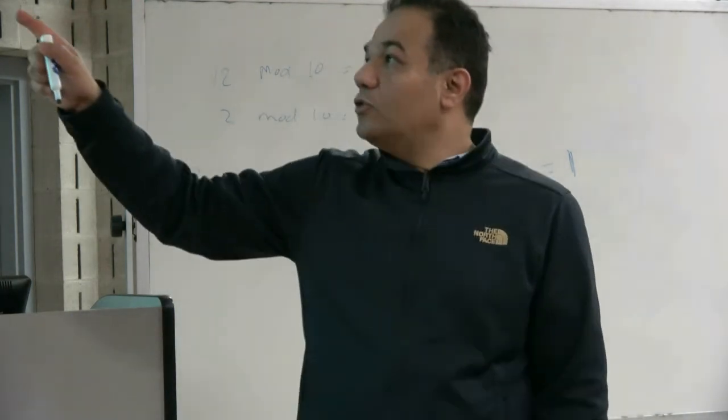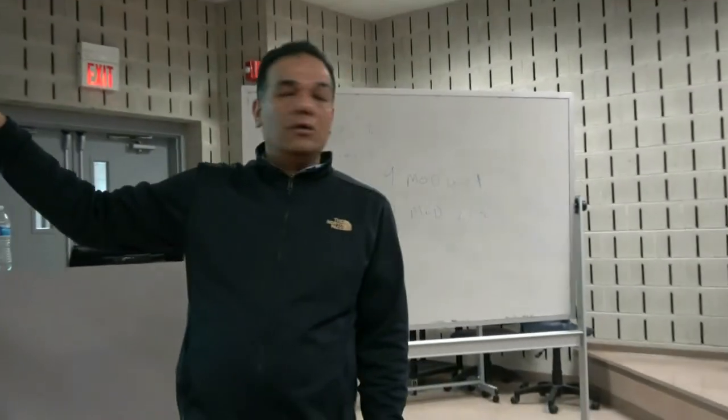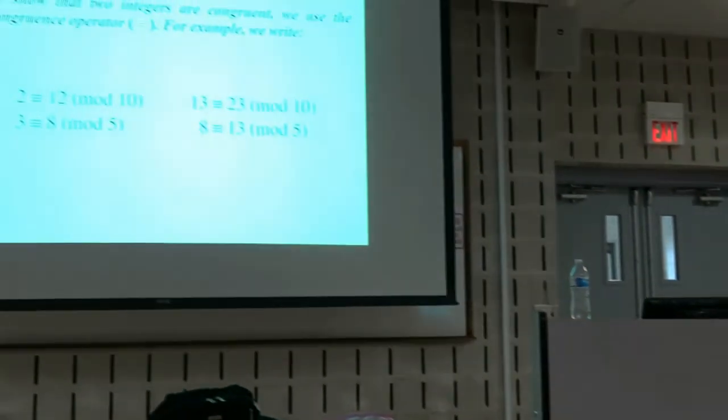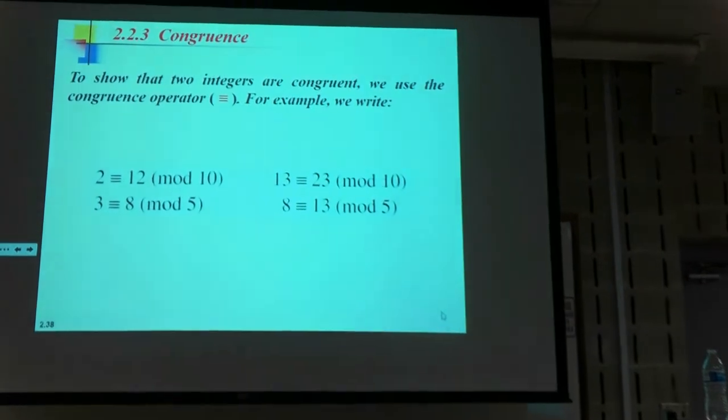So the two digits that are congruent there are 2 and 12, but there's a condition: they are congruent when the reference is mod 10.